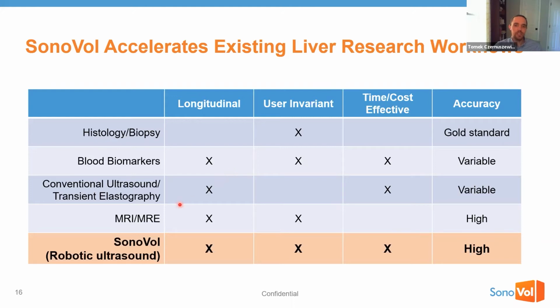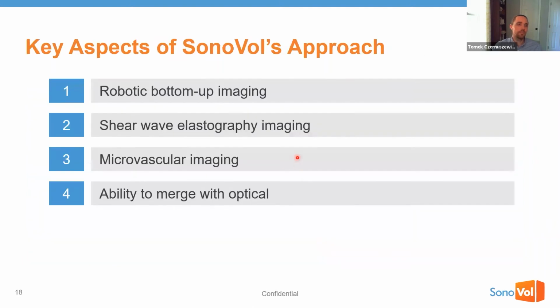Can we achieve the same accuracy and repeatability and non-invasive longitudinal measurements as MRI, but can we do it with ultrasound? And so SonoVol, what we've developed, and I'll talk more about this, is really a robotic platform to capture ultrasonic data, both traditional ultrasound data, but also these more advanced elastography approaches. And we think that this is a nice solution for preclinical imaging specifically.